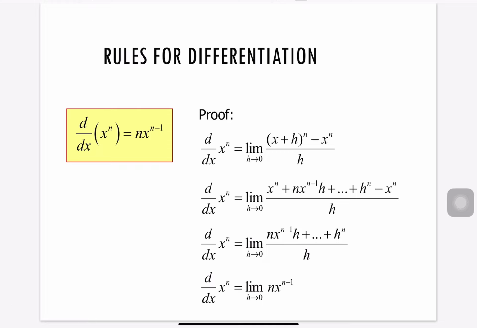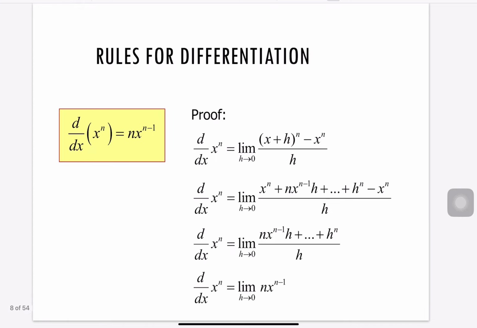As I mentioned, the proof is very easy. We first add some number here and subtract the base function, then simplify and divide by h, and the result will be the derivative function.